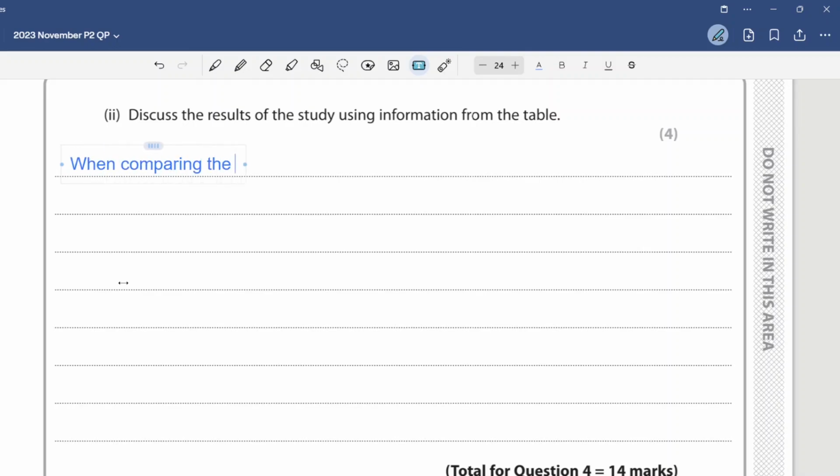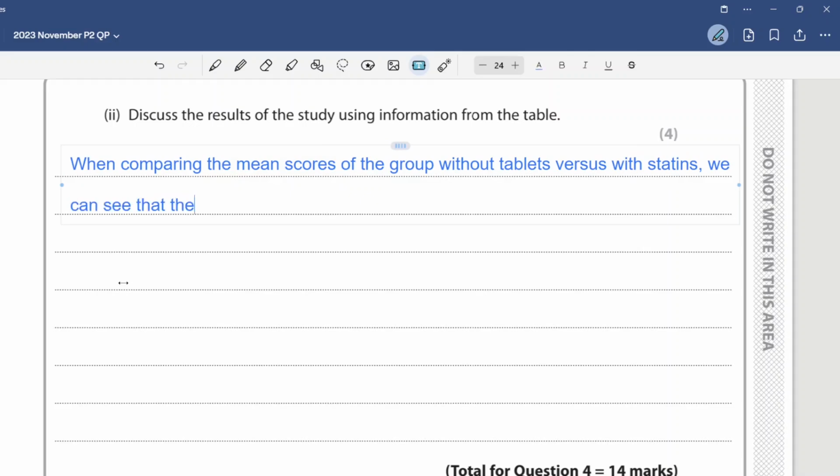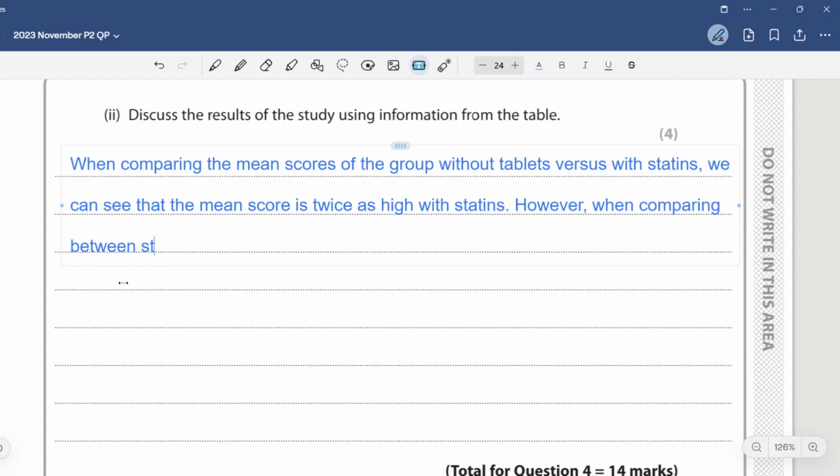When comparing the mean scores of the group without tablets versus with statins, we can see that the mean score is twice as high with statins. However, when comparing between statins and the group with the placebo, the mean scores are quite similar.